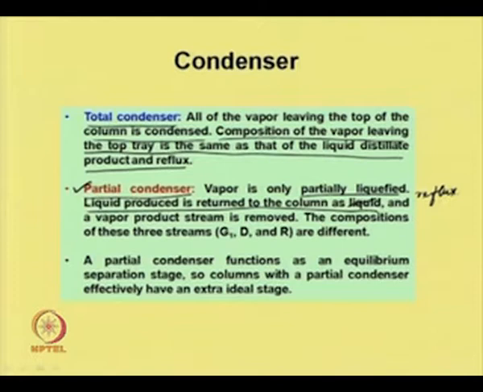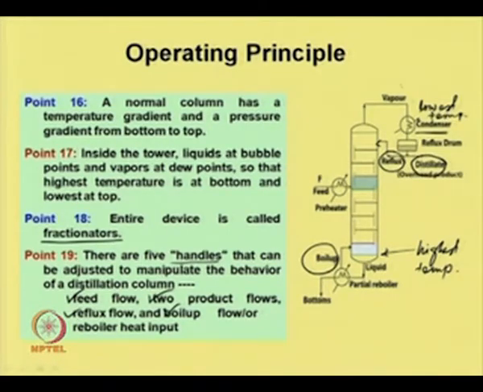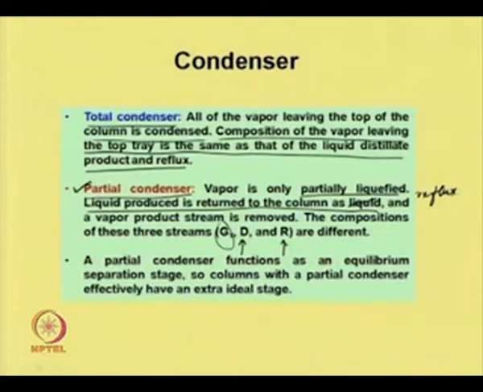The compositions of these three streams are different: the vapor which is coming out, say G1, the reflux, which is R, and the distillate, which is taken as D. So, the compositions of this vapor, the vapor which is taken out after partial condensation, and the reflux liquid which is fed back to the distillation column, are all different when we use the partial condenser.